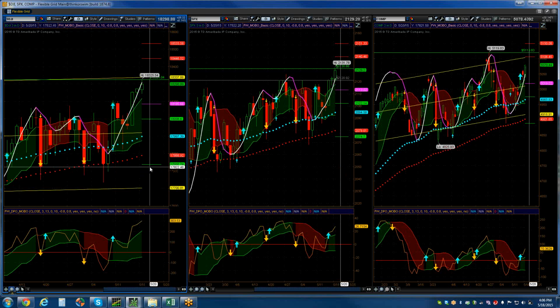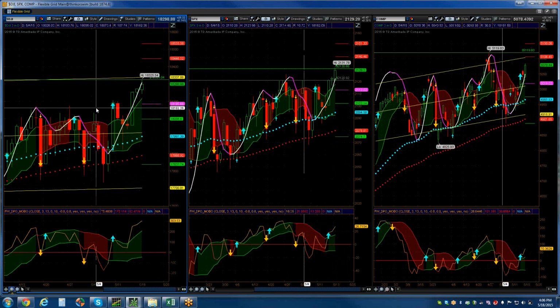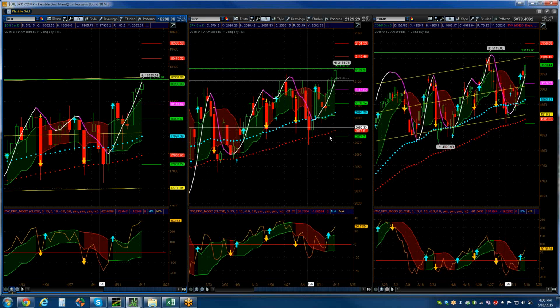These are automatic support and resistance levels that you can set on different time frames: monthly, 4 days, 3 days, 2 days, or just today, or option expiration. They're really good to use, so you don't have to go out in the marketplace to figure out what is support and resistance. So on the left is the Dow, in the middle is the S&P, and on the right is the Nasdaq.